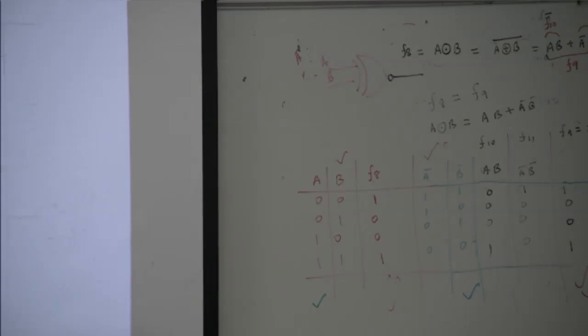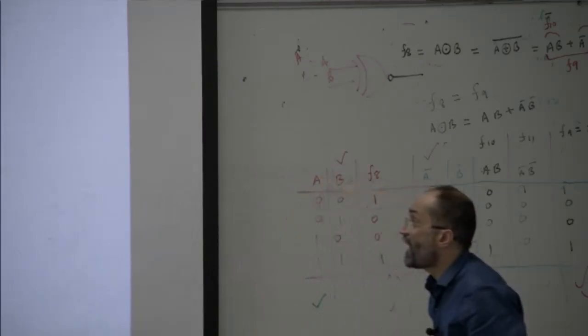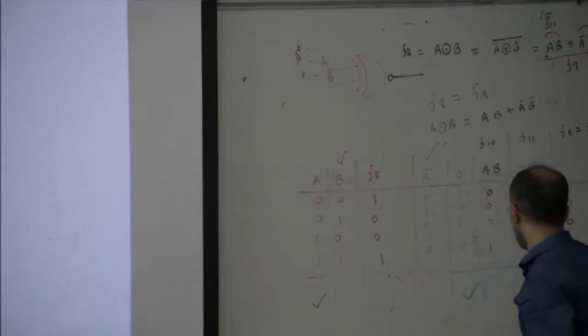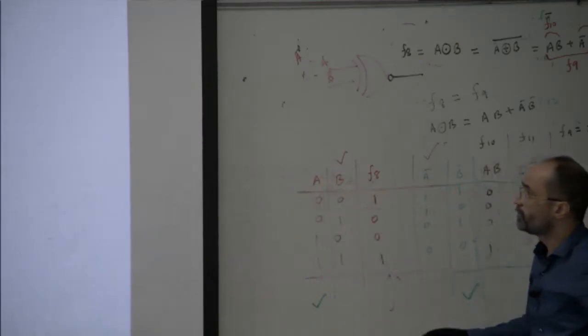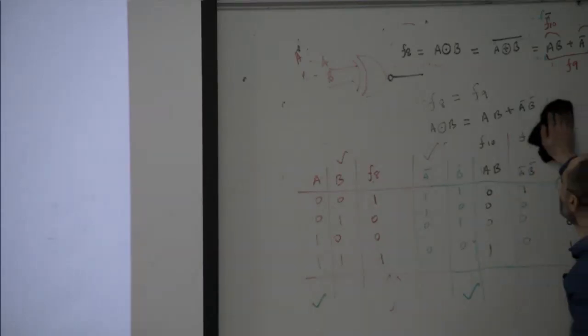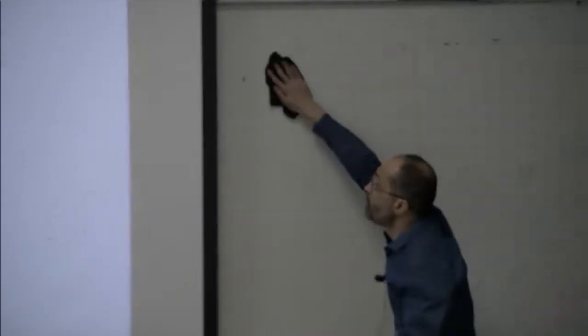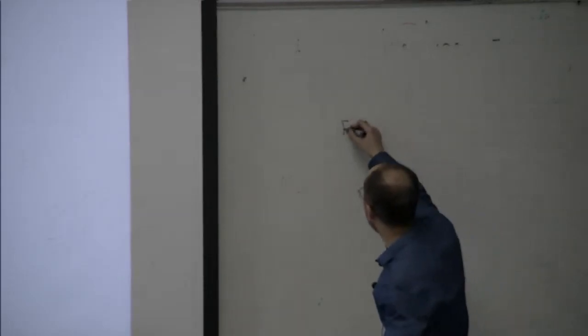Okay, now we want to draw some logical circuits. We can use a combination of different logical gates to implement a logical expression. So now assume that we have x, y, z bar. What is F1?